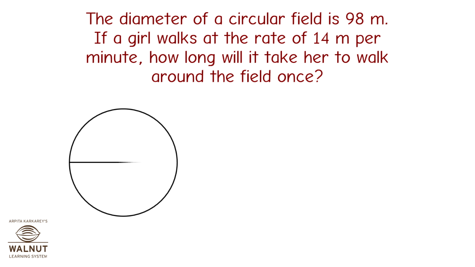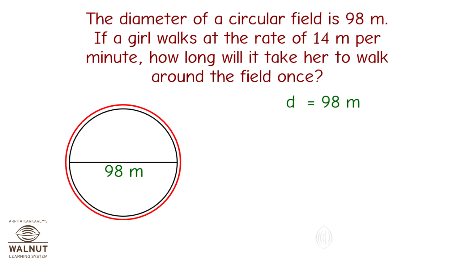Mark it. There's a child walking along the border. So she will walk along the circumference. We can calculate how much distance she will have to walk to go around the field. You know how much the girl walks in 1 minute. So you can find out how many minutes she will take to walk that much distance.